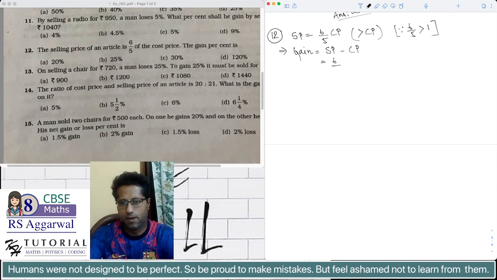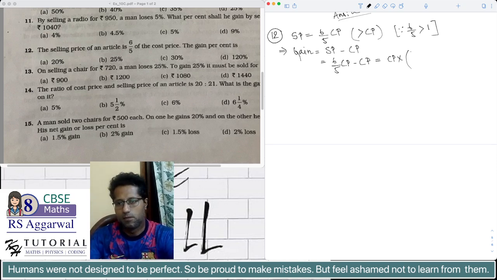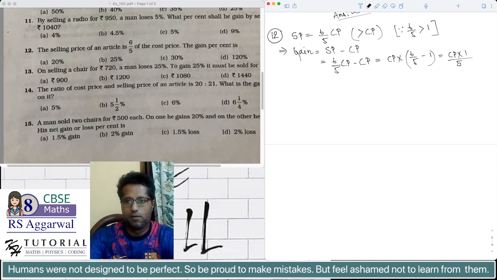SP is 6 by 5 CP minus CP, which is equal to CP multiplied by 6 by 5 minus 1, which is equal to CP multiplied by 1 by 5. Basically, this is CP by 5. So we know gain in terms of CP.